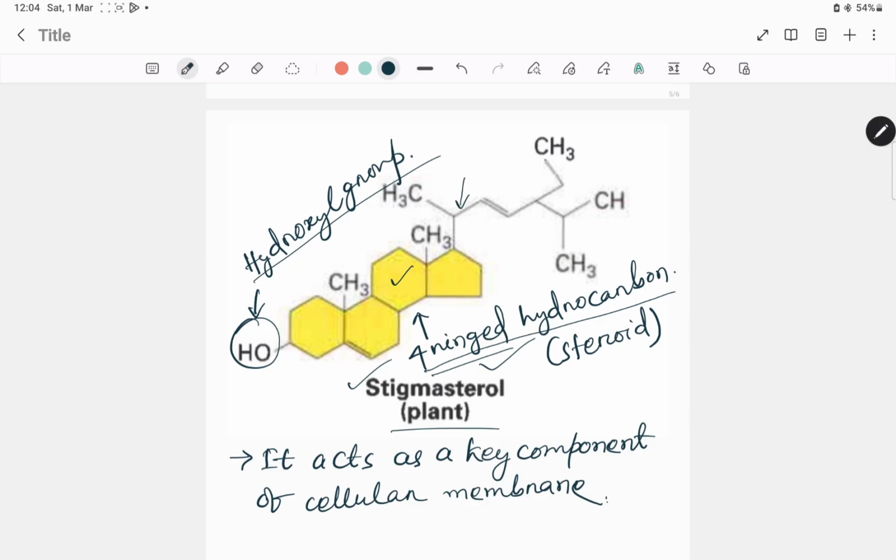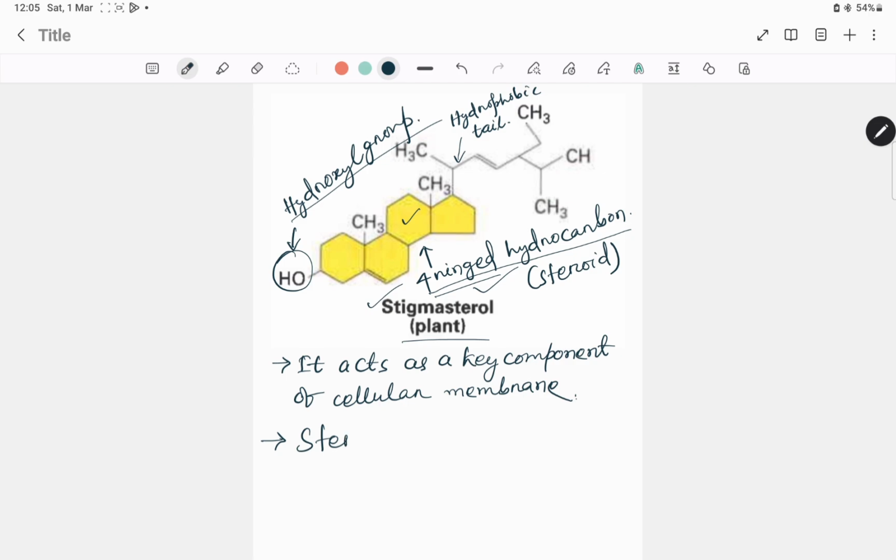This black colored group is called the hydrophobic tail of stigmasterol. Sterols are amphipathic in nature.